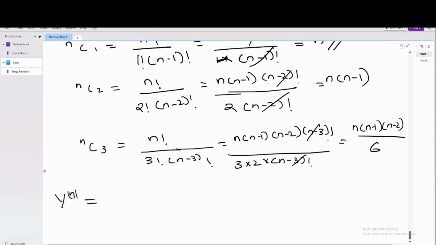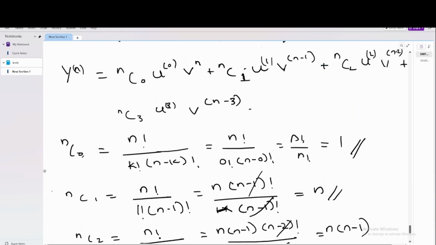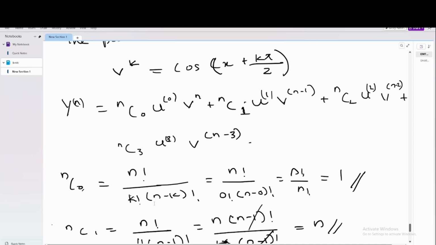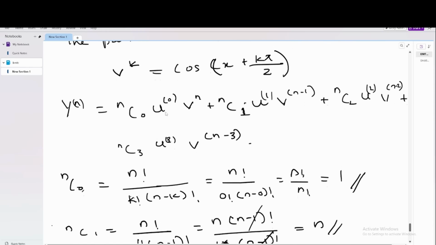So by again putting the values, y raised to n is equal to nC0 is equal to 1, u0 is equal to x cube.